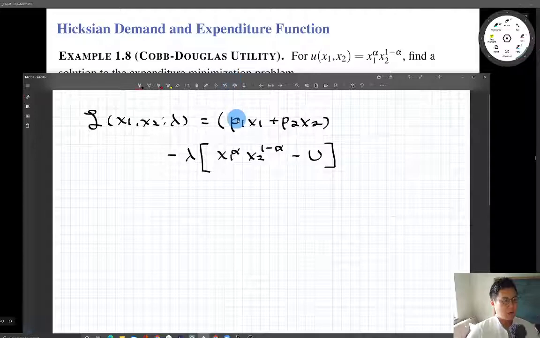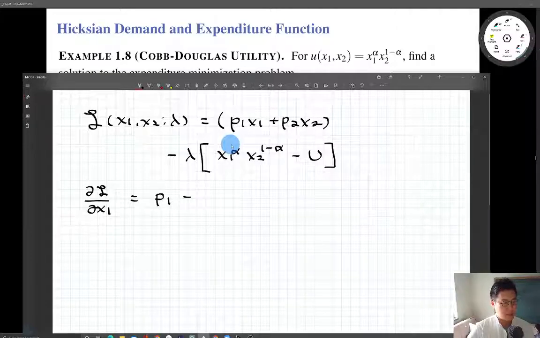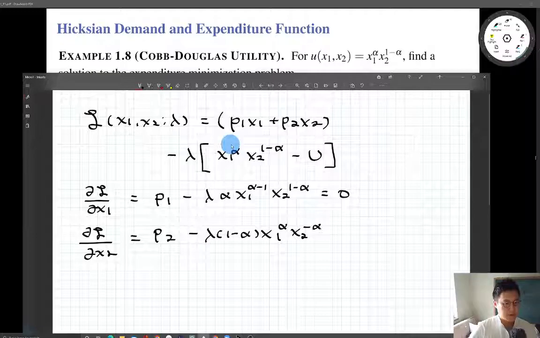All right. So the way to find the solution is we take the partial derivative with respect to x1, and you're going to have p1 minus lambda times alpha times the remaining terms equal to 0, and the partial with respect to x2 gives me p2 minus lambda times 1 minus alpha times the remaining terms.